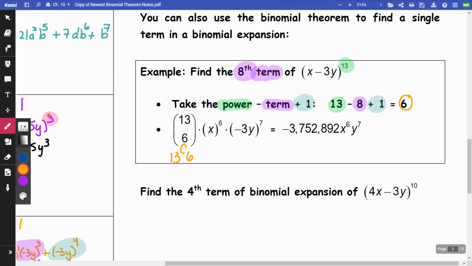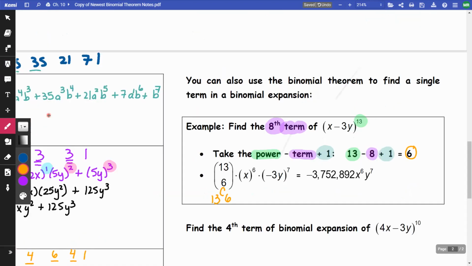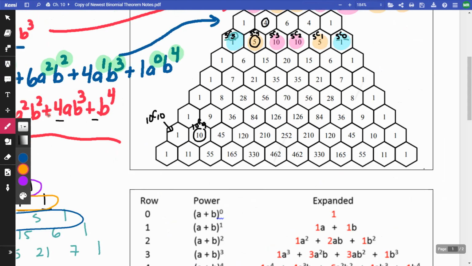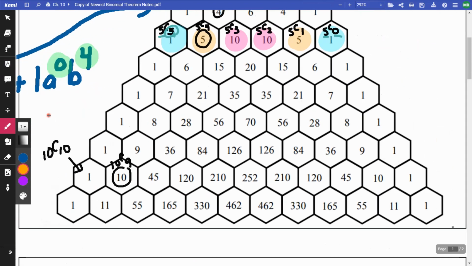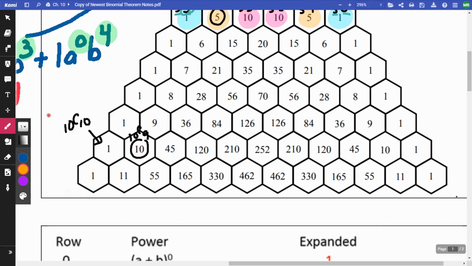That's where we're at in Pascal's triangle, okay? So remember when I was writing these out with combinations, if I was in row 13, so let's just pretend that this was 13. So we'd have 13 choose 13, 13 choose 12, 11, 10, 9, 8, 7, 6.